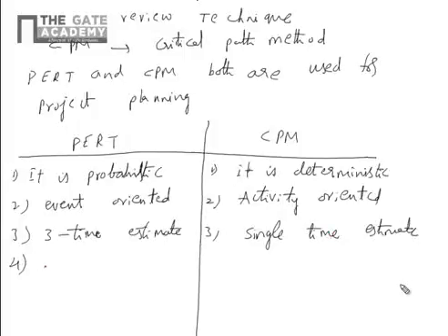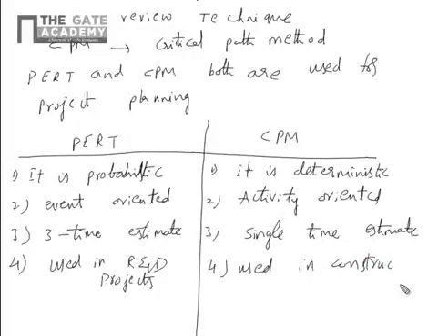PERT is used in R&D projects. CPM is used in construction projects, non R&D projects, not only construction, non R&D projects.